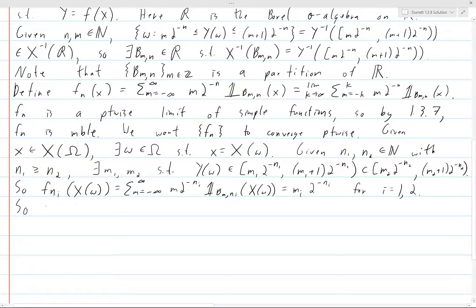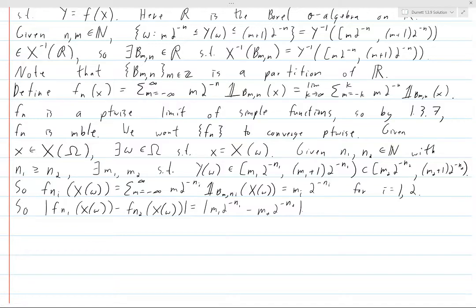So the difference between F_{n1} of X of omega minus F_{n2} of X of omega, well, this is going to be m1 2^(-n1) minus m2 2^(-n2). Now remember the half-open intervals: Y of omega is in these two sets, and remember the one on the left is a subset of the one on the right.